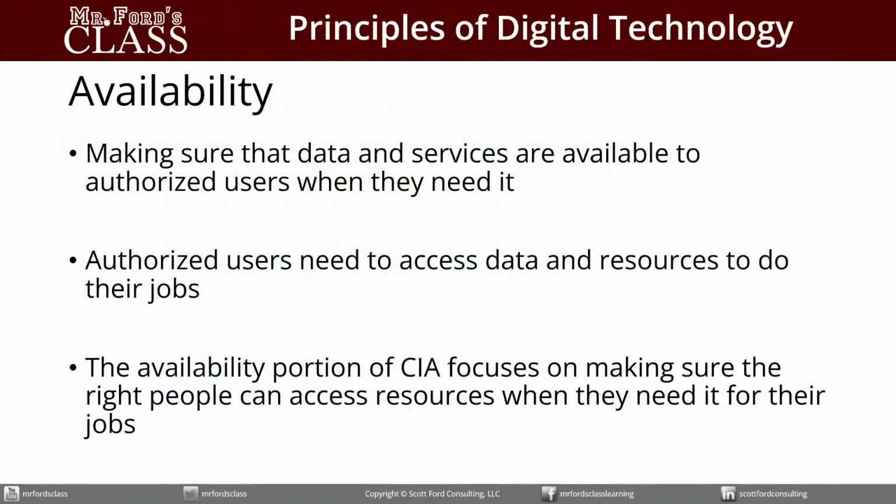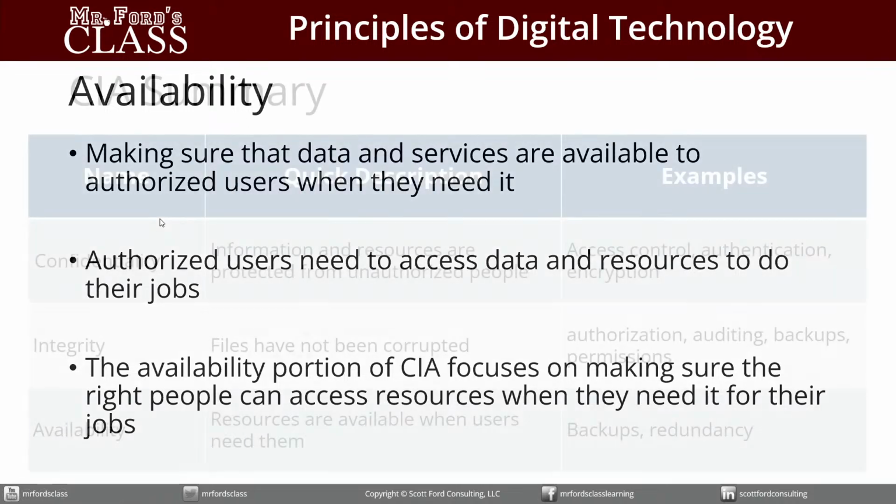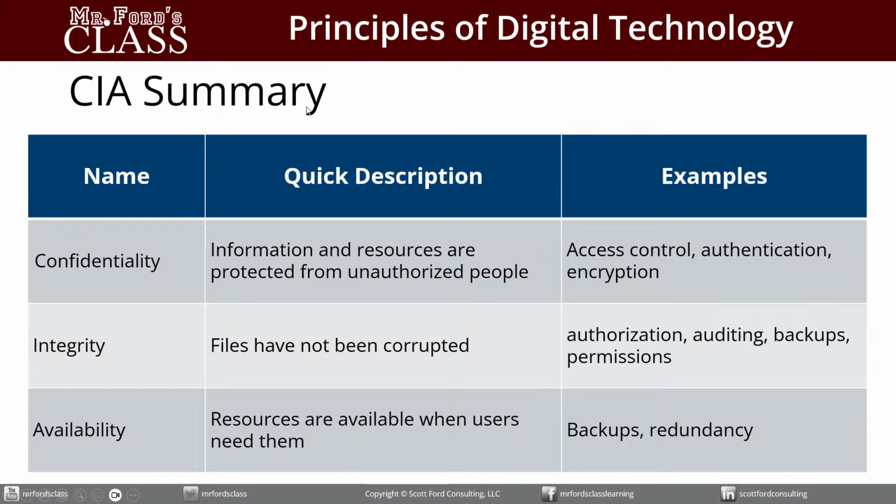The information would be kept safe, but it's not very practical. People can't get to what they need to do. And so another concept, like I said, in security is availability. People need access to the information they need in order to do their job. It becomes a balancing act, however, to make sure they only have access to what they are supposed to use to get their job done.